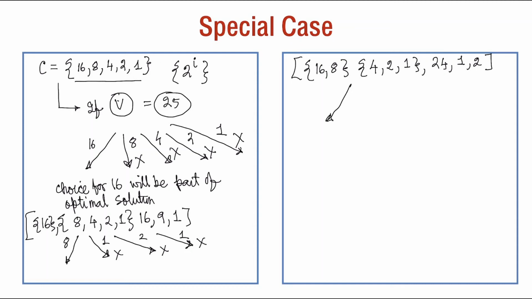Now I have options of 4, 2, and 1, but 4 and 2 are not applicable because choosing them will make z less than 0. So I will choose 1, and if I choose 1, then immediately I find my solution.